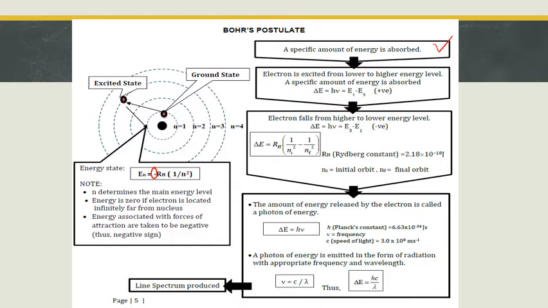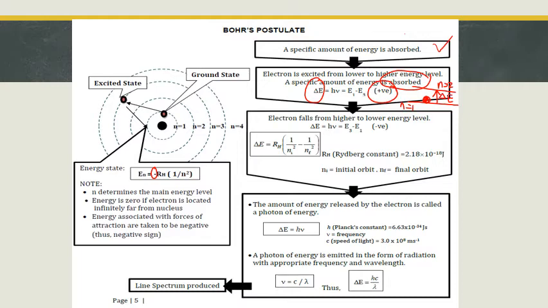Masa ni, specific amount of energy is absorbed. That's why the sign is positive. Delta E ni adalah change in energy, contohnya daripada N sama dengan 1, dia absorb energy naik kepada N sama dengan 2. So, di sini adalah delta E.